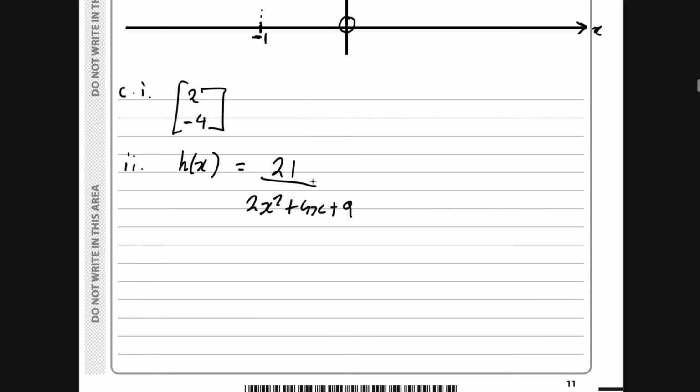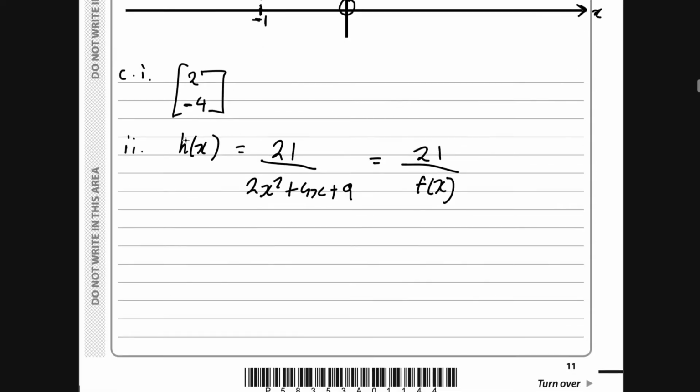What we're really seeing here is that we've got 21 over, again, if we remember this from the previous part of the question, this is just f of x. And by range, what we really mean are the smallest and largest values that h of x can be, creating an inequality where we've got a number here and a number here, okay?